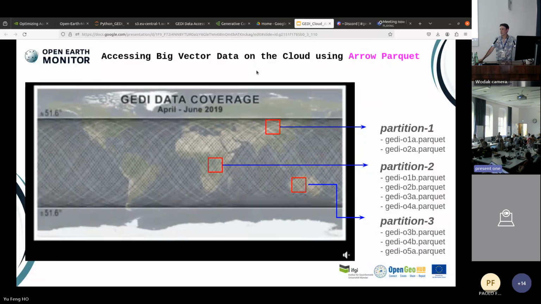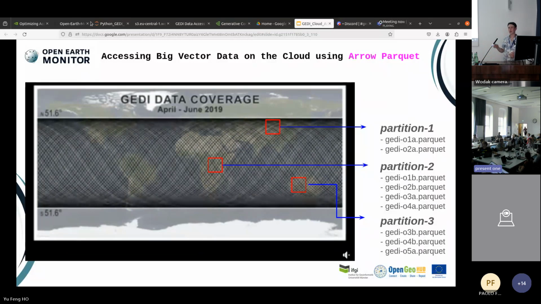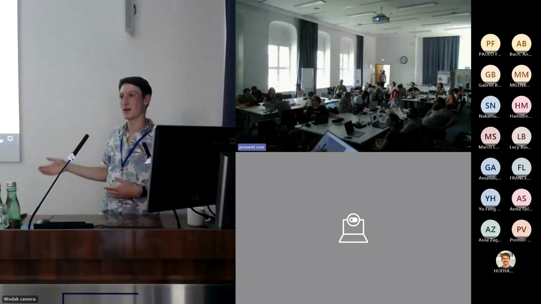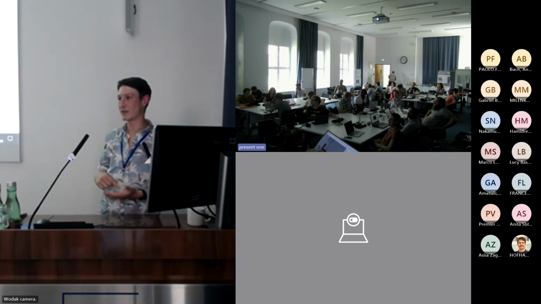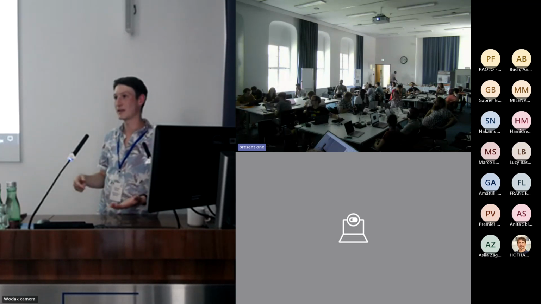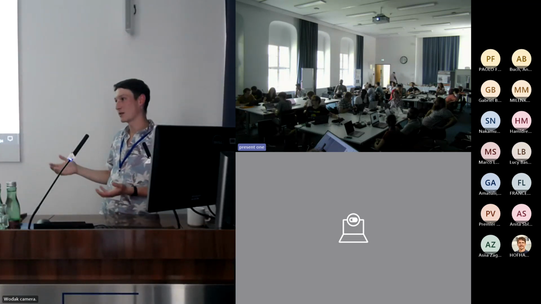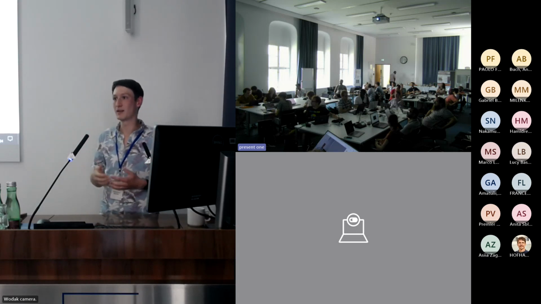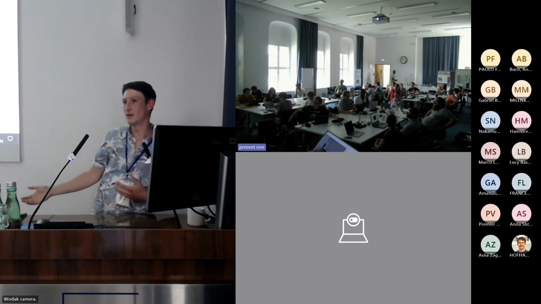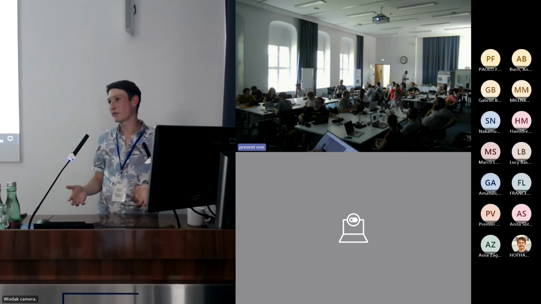You have to think about the question, what is a STAC item in a vector data set? If you have 5 billion points, is every single point an item? Not really. What is an item then? Of course, you can use 5 by 5 degree tiles, but then again, you have millions of points. So where do you draw the line?